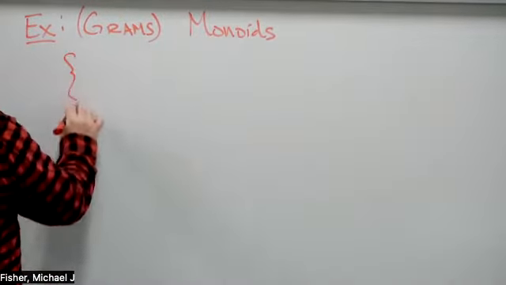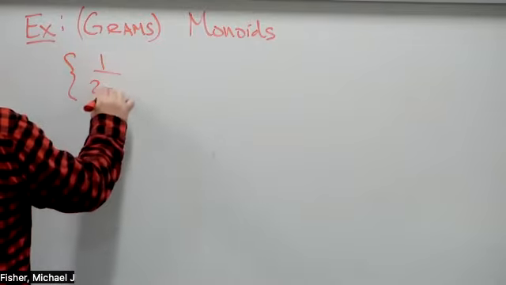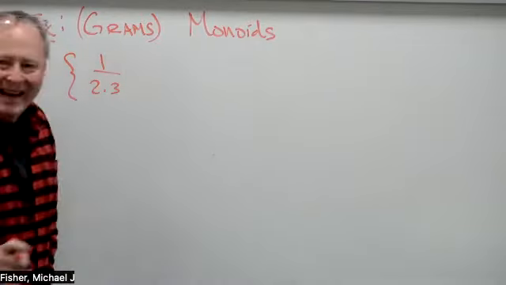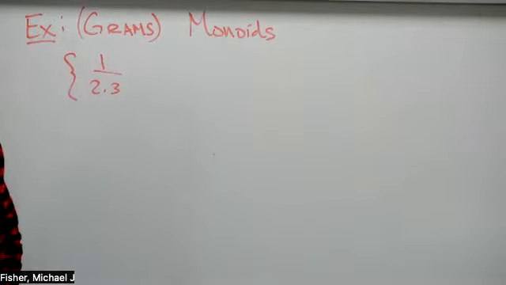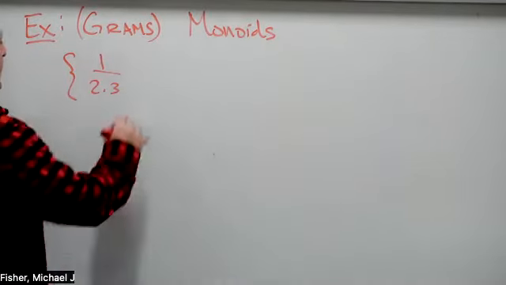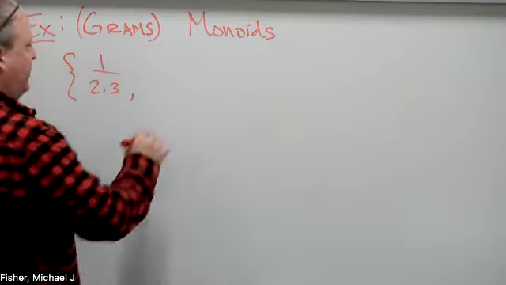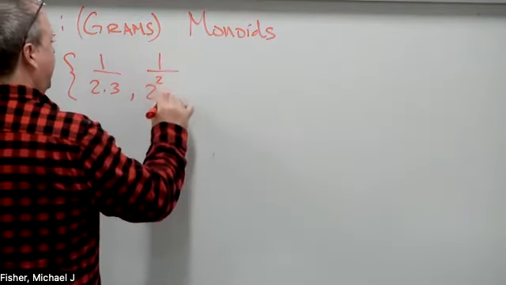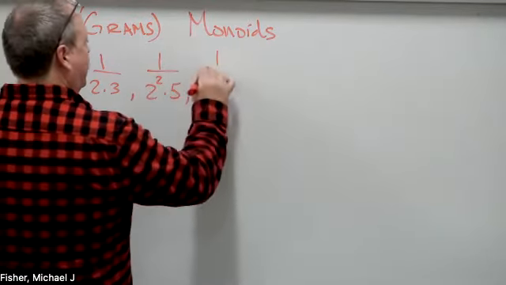Consider the following monoid. And this is an additive submonoid of the rational numbers. So 1/6 is one of my generators, and 1/20th.